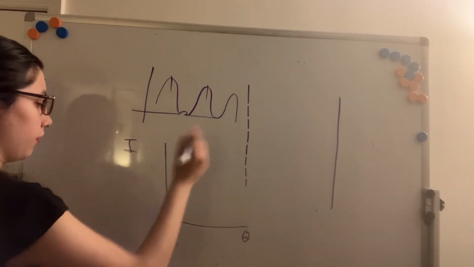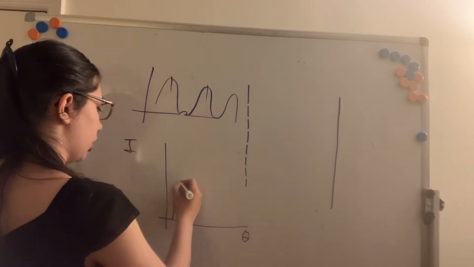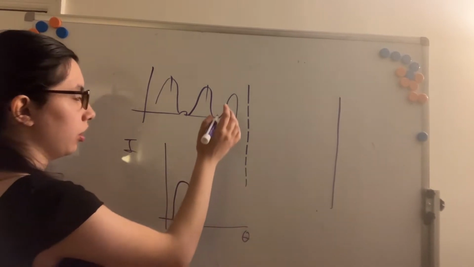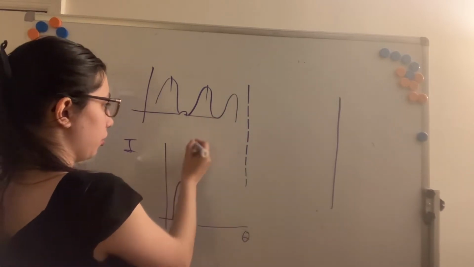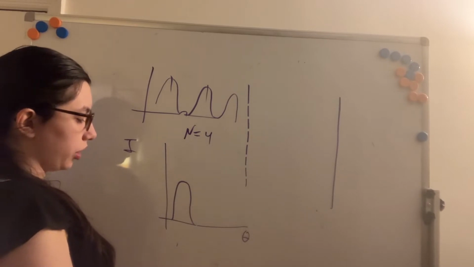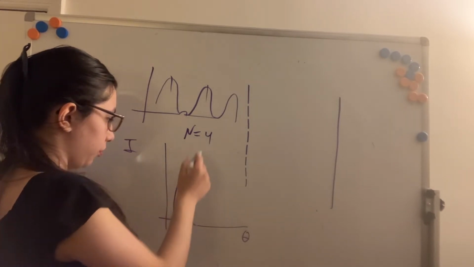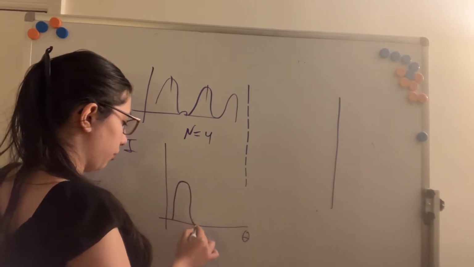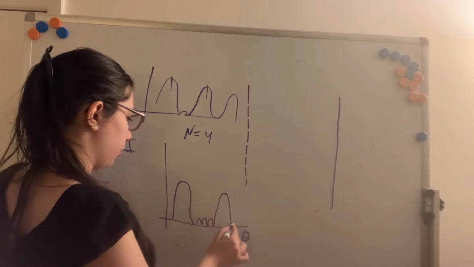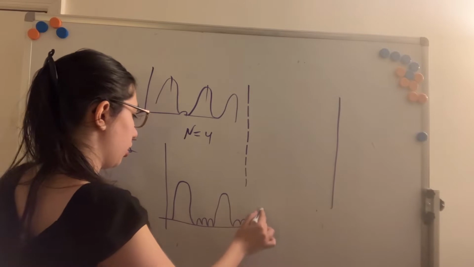Now we would have this maximum, and then let's say that we have four sources or four gratings. So we have N equals 4, we would have 1, 2, 3, and then this 1, 2, 3.